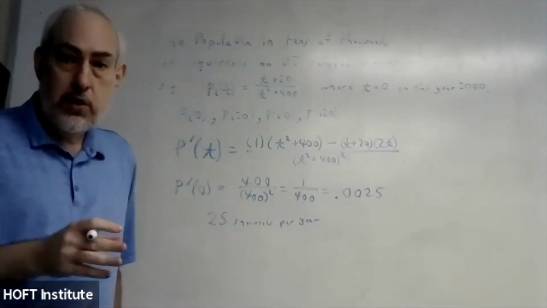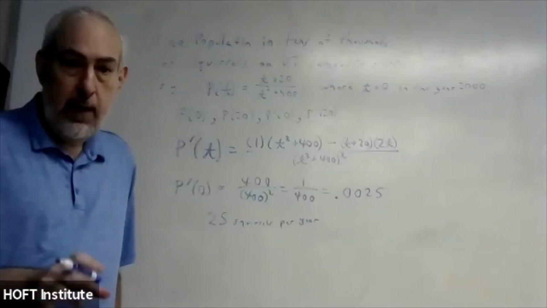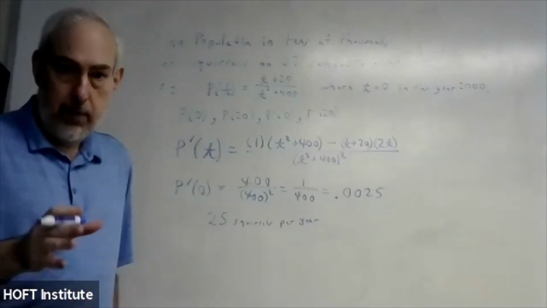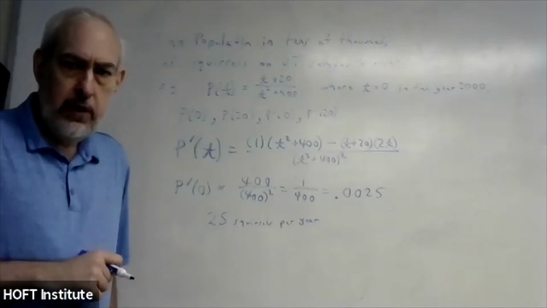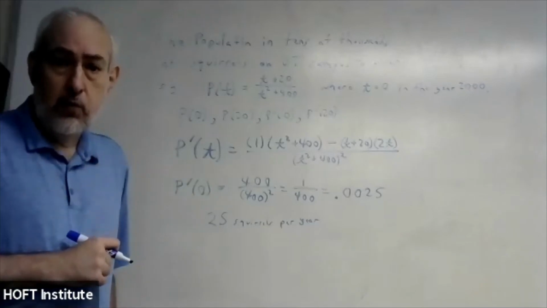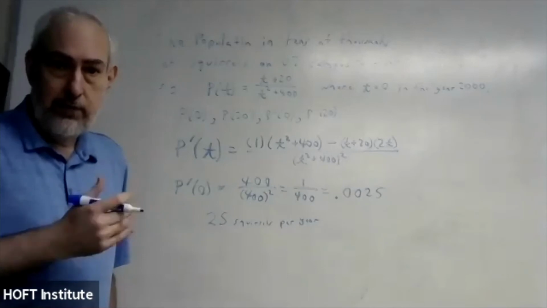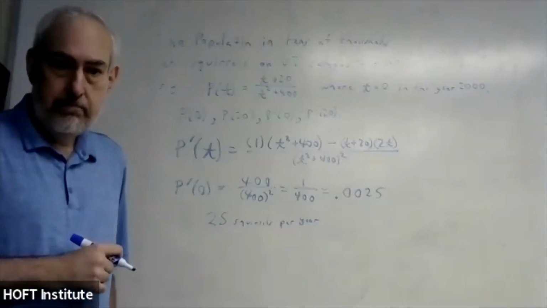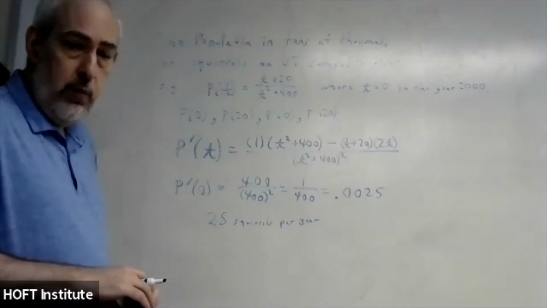So in the year 2000, the squirrel population is increasing by 25 squirrels per year. And I believe our population was 500. So we might estimate that our squirrels in the year 2001 would be approximately 500 plus another 25, or 525.